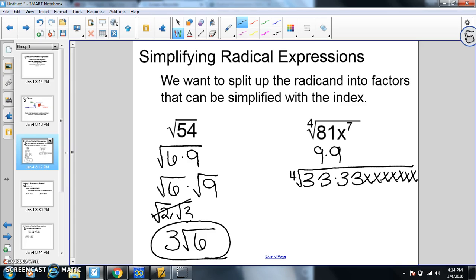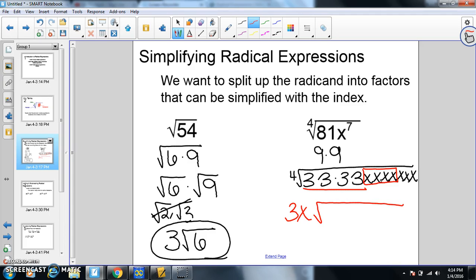of something in 4s. So since I have 3 4s, I know that I can pull out 1 3. And since I have 4 x's, I can pull out 1 x. Because 3 times 3 times 3 times 3 is 3 to the 4th power, but the 4th root of 3 to the 4th power is just 3.